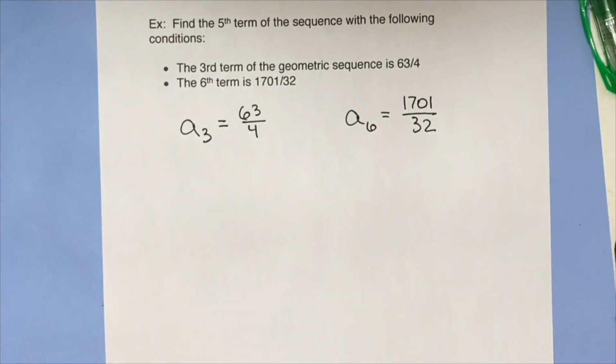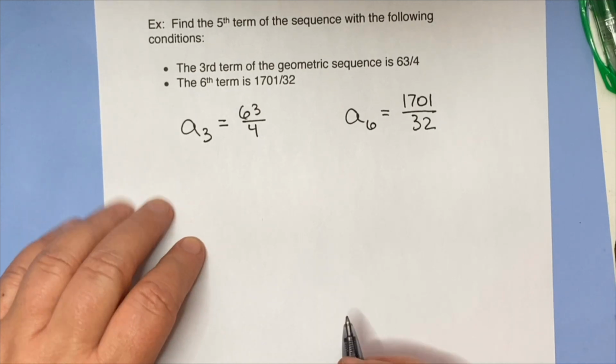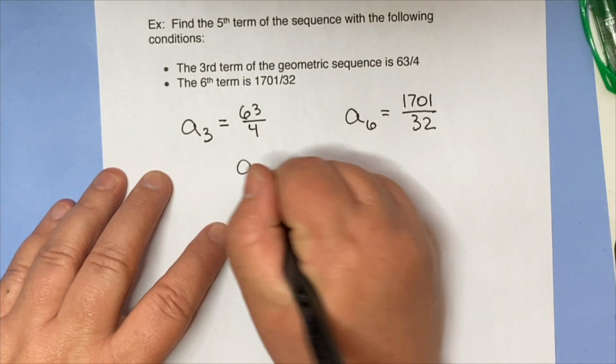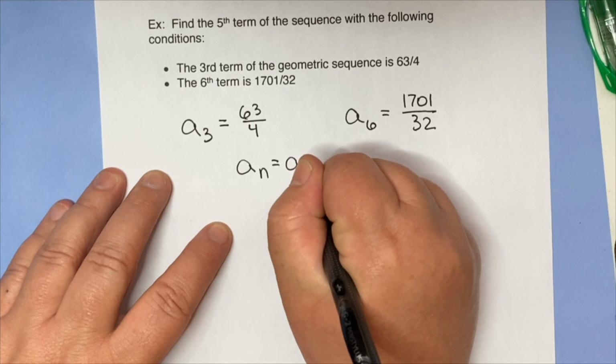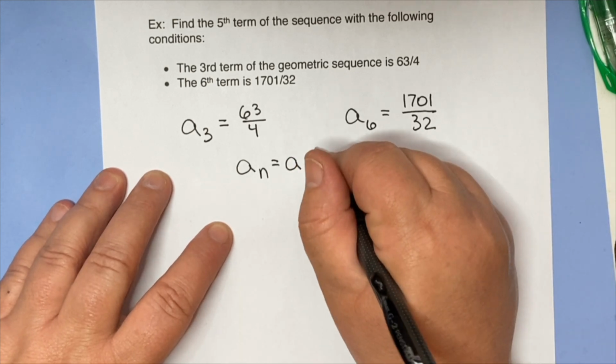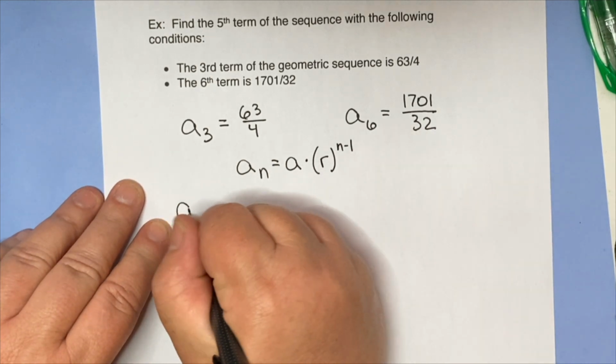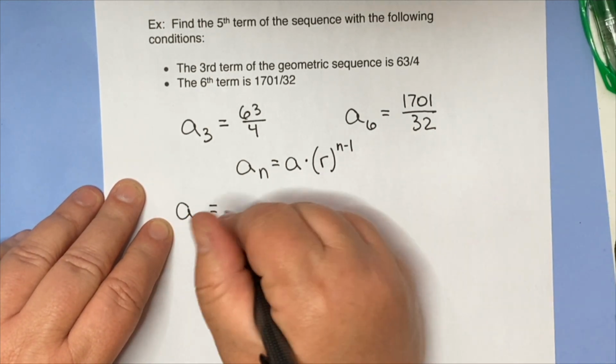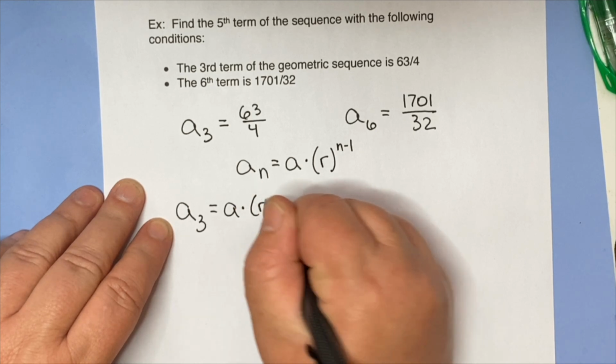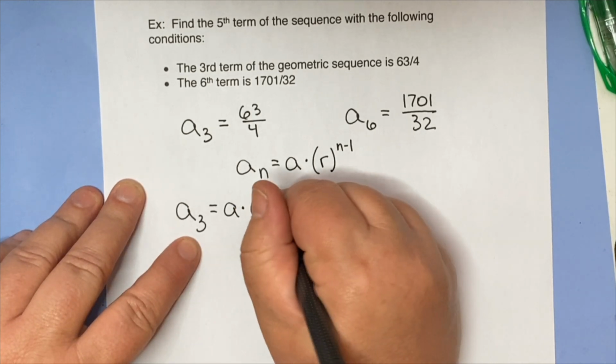Okay, so then what? Well, we know that in general, a sub n is equal to a times r to the n minus 1. So a sub 3 should be a times the common ratio to the 3 minus 1.